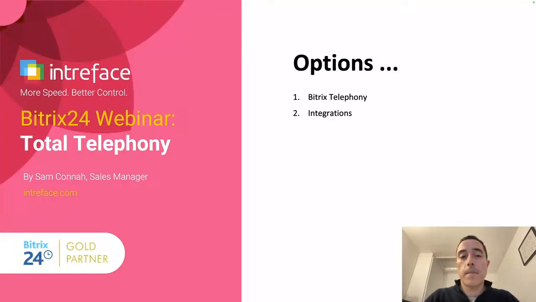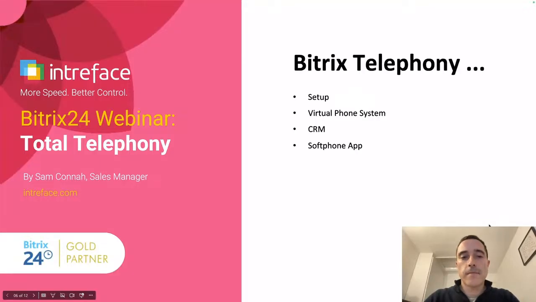So this is going to be a brand new number. You can't port an existing number that you have to Bitrix Telephony. That's just something you need to be aware of. Or then the second option, if you need to keep your existing number and integrate your existing phone infrastructure, then that would be an integration, which falls under option 2. So we're going to take a look at both options today.